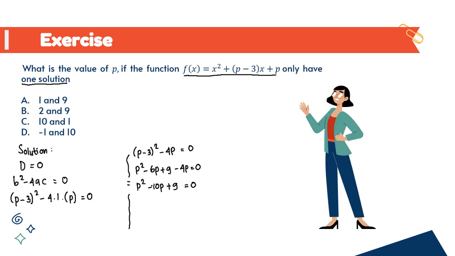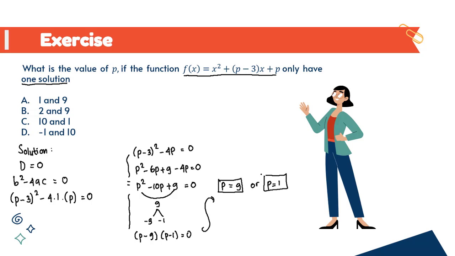And we have to find the factors of this quadratic equation. Remember how to find the factors. You can use any kind of way. So you can find the factors: (p minus 9) times (p minus 1) is equal to 0. So the value of p is 9, or p is equal to 1. So the answer to this question is A.